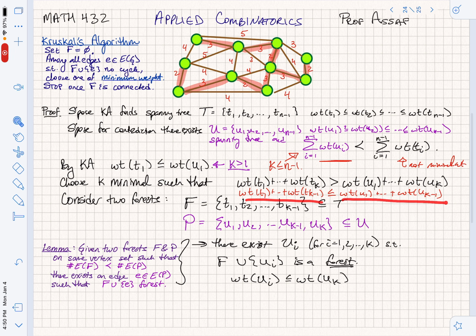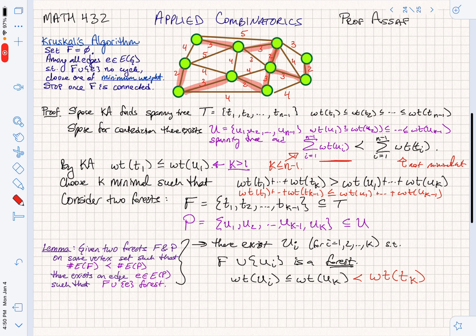So because of this statement, that means that the last thing added had to have been the one that flipped the boundary. So in particular, this is strictly less than, in order to flip that inequality, the weight of TK. Otherwise, I didn't choose the right K, because the only way I could flip this inequality is if the thing that I've added over here is bigger than the thing I've added over here.